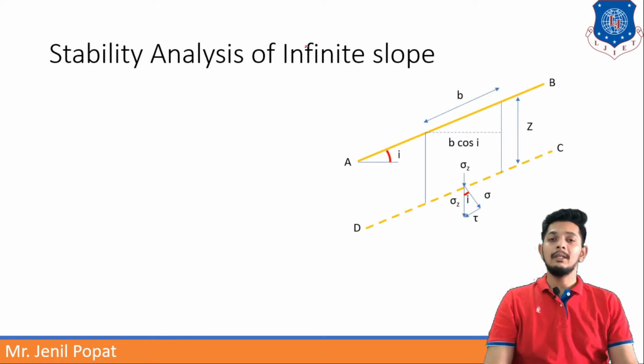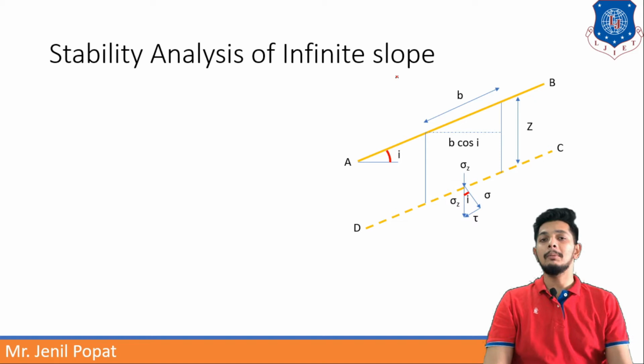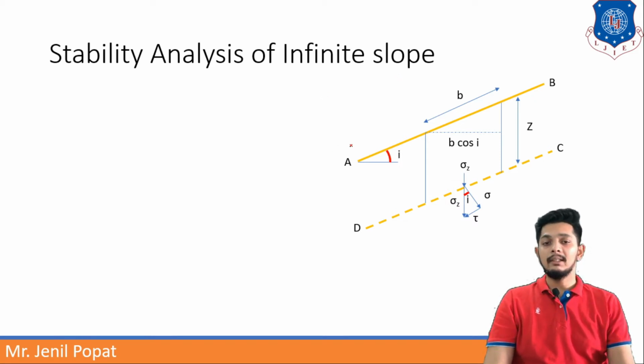Suppose line AB is an infinite slope, and I am assuming a small strip having breadth B and depth Z. At depth Z, what will be its stability? Its inclination angle is assumed as small i.